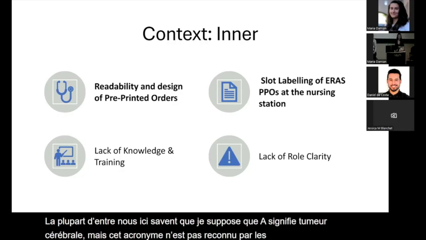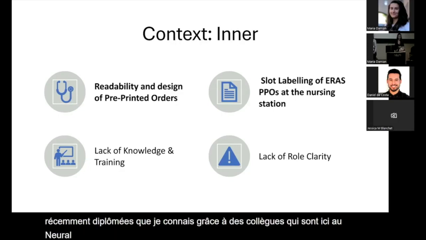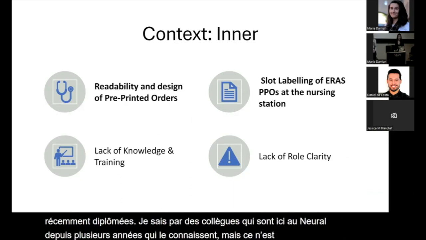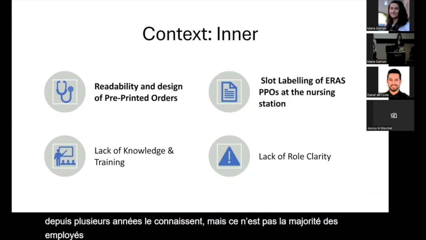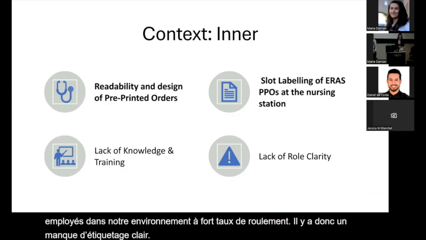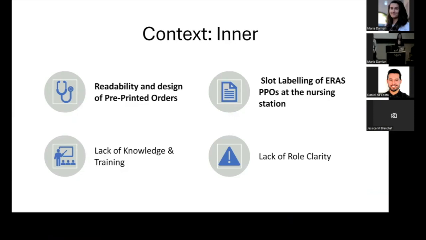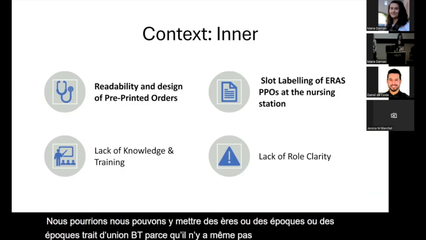I know colleagues that have been here at the Neuro for several years are familiar with it, but this is not the majority of staff in our high turnover environment. So there's a lack of clear labeling. One of the facilitators, I know we haven't gotten there yet, but we can put ERAS in it, like ERAS hyphen BT, because there's not even a mention of ERAS.